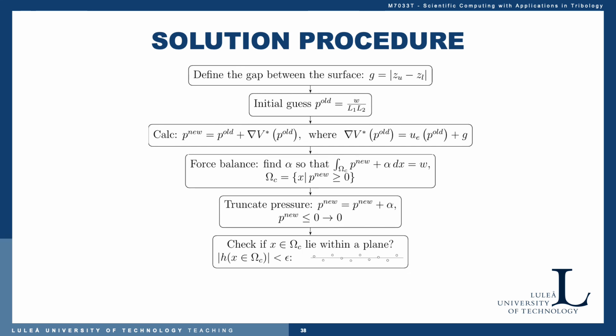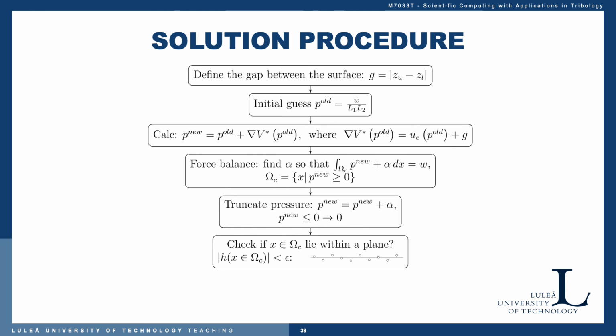and then to test whether we have solved the problem or not, we check if all our contact points lie sufficiently close to a contact plane. So we measure this by taking some kind of measure of the deformed gap.